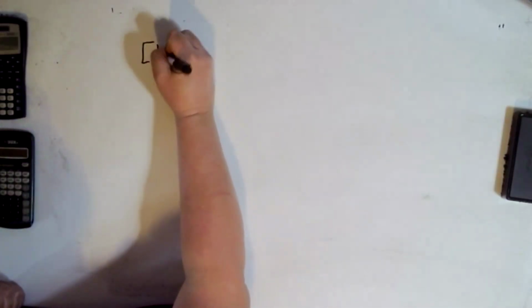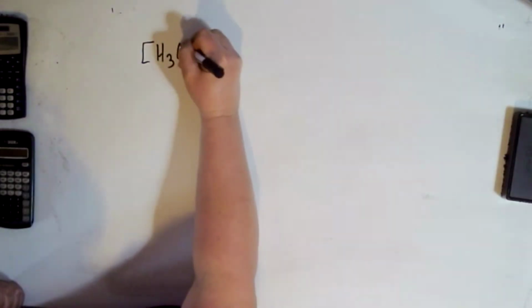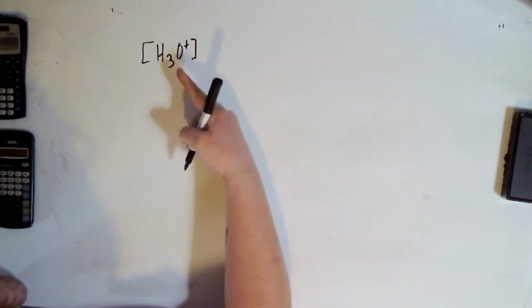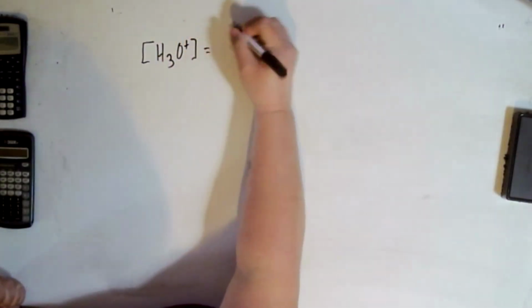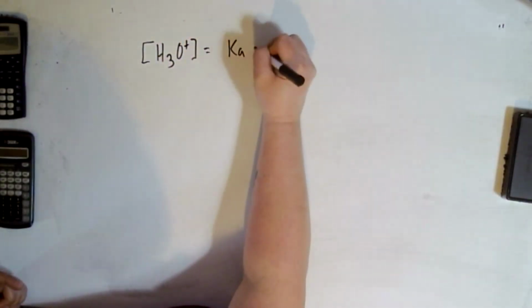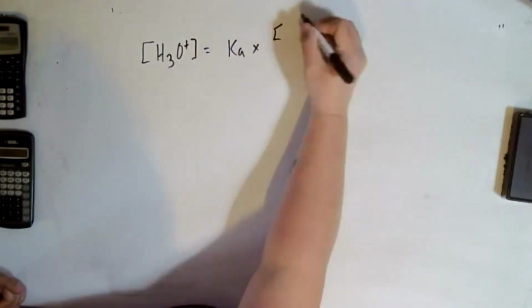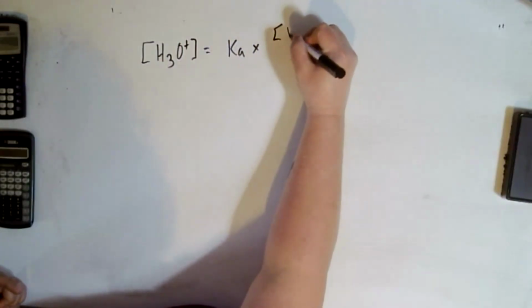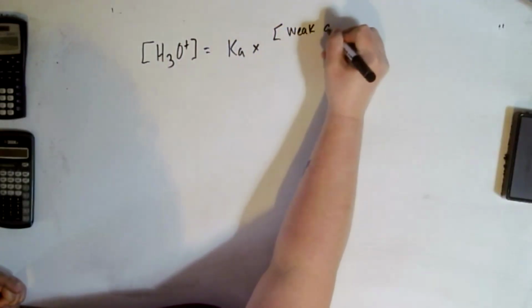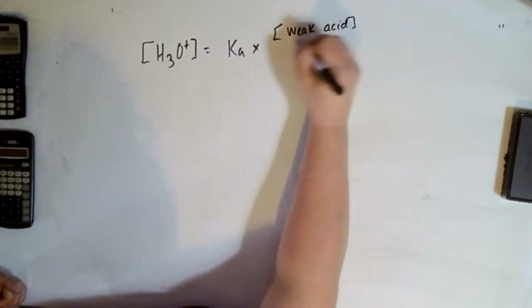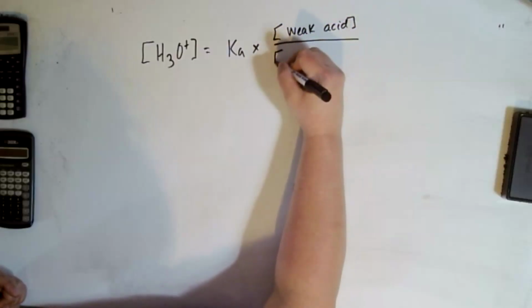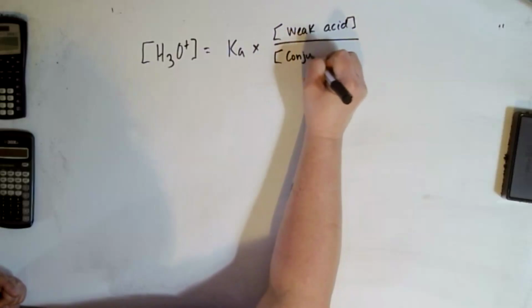So the first thing we want to do is write down our expression for finding our H3O plus. To find our H3O plus, which we need to find the pH, that's going to be the Ka times the concentration of our weak acid divided by the concentration of our conjugate base.